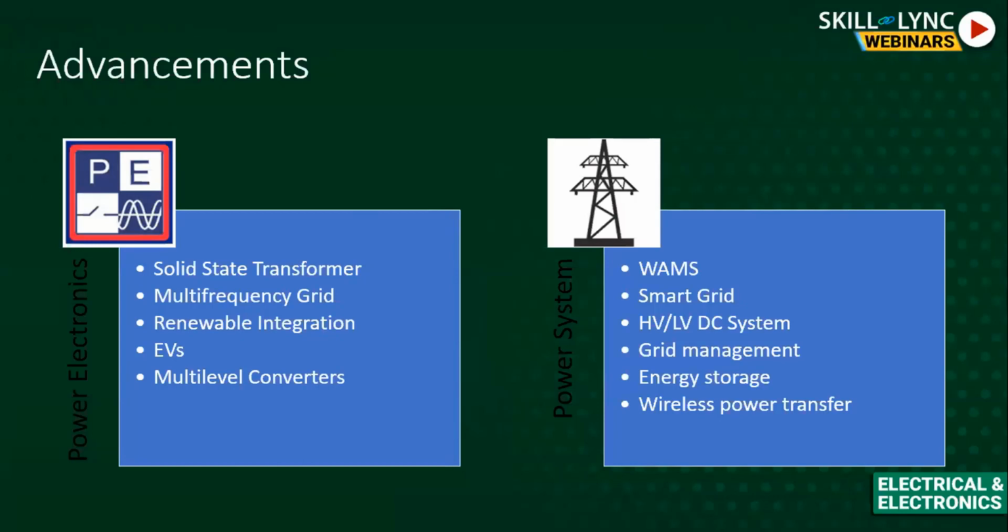What it means to have a multi-frequency grid is, suppose we have right now 50 hertz as a standard frequency, and whatever generation we do, we try to synchronize with it and feed it to the grid. But there is research going on: can we not have whatever is being generated directly connected to the grid? Because synchronization is such a big issue. So if we have a DC generated from solar, why can't we just feed it to the grid? So the grid will be carrying both DC and AC.